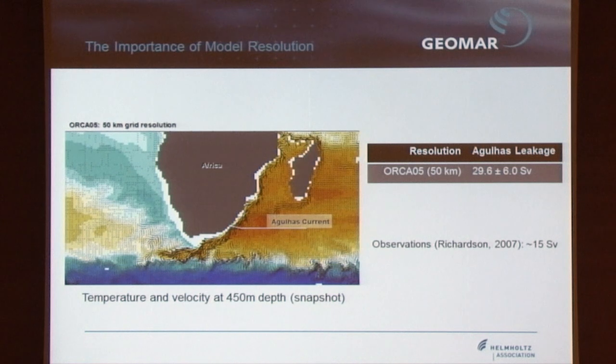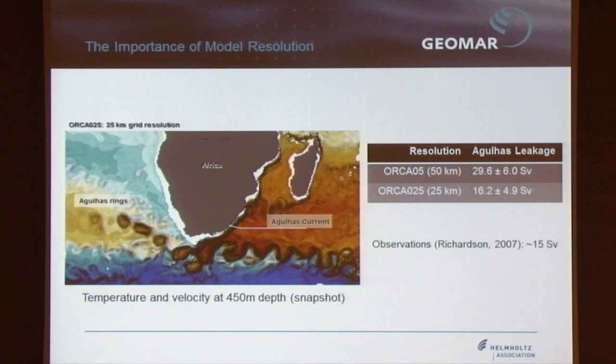Now, if we double the resolution up to 1/4 of a degree, we see that eddies kick in, in the form of Agulhas rings. In this case, at that particular resolution, they are far too regular, too large. But of course, the Agulhas leakage goes down because we now have more of a pulsating effect.